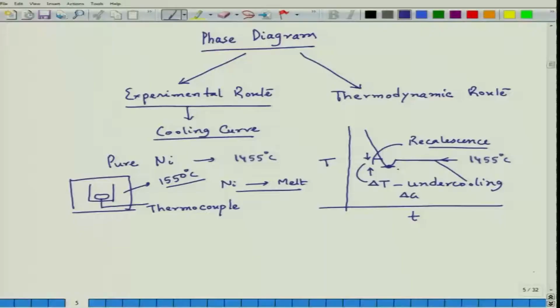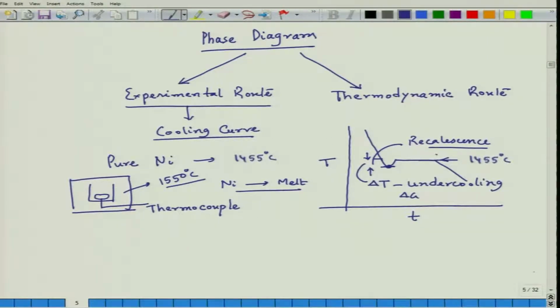And here we are not seeing that regular arrival of recalescence, because at that time you already have solid crystal nuclei. So, whatever heat you are taking out is nothing but equivalent to the latent heat of solidification.